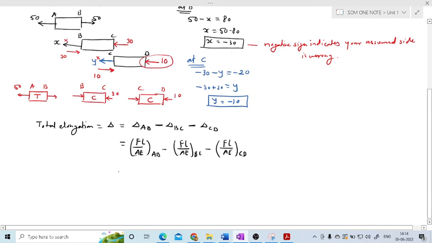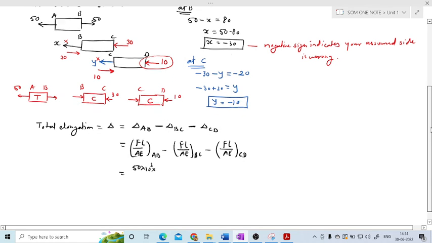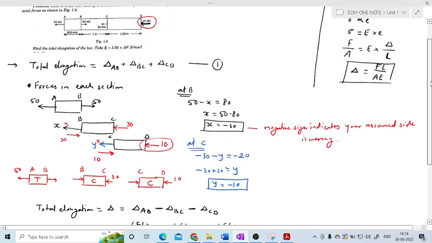See, the force in first section, it is 50 kilonewton. So 50 into 10 raised to 3 Newton into length of AB. Just go to problem statement and check the length, and this length for AB is 600.